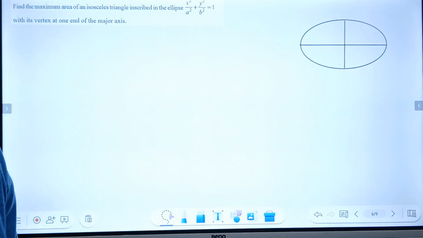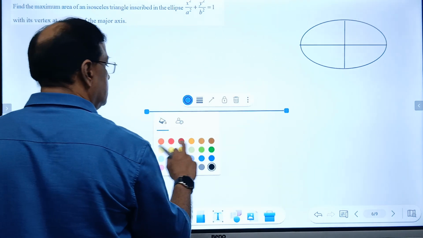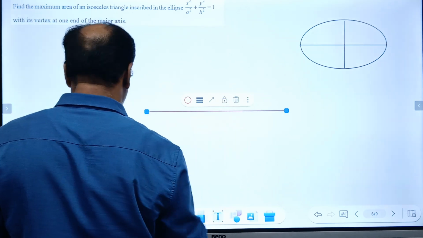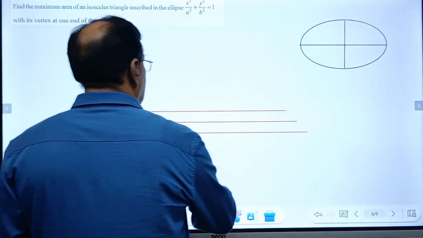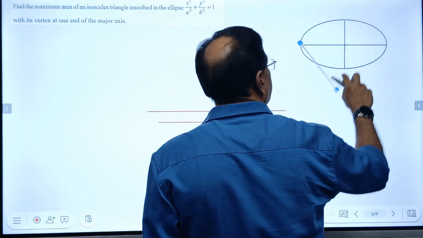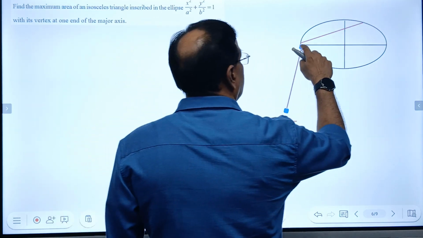Now I have to enclose an isosceles triangle. So let's draw an isosceles triangle. One vertex is on the major axis. See this?